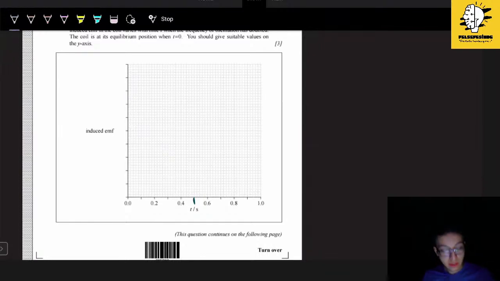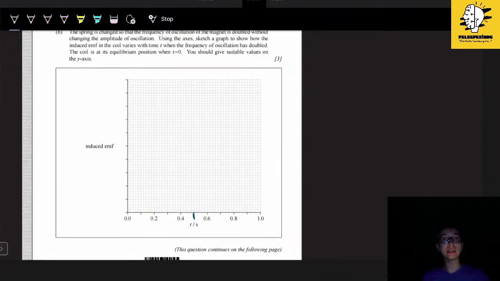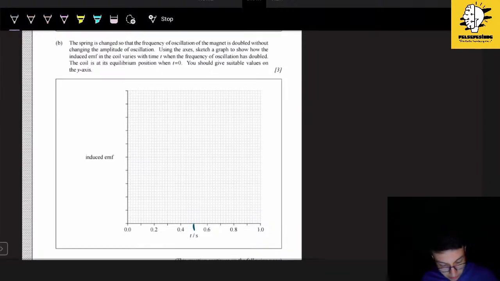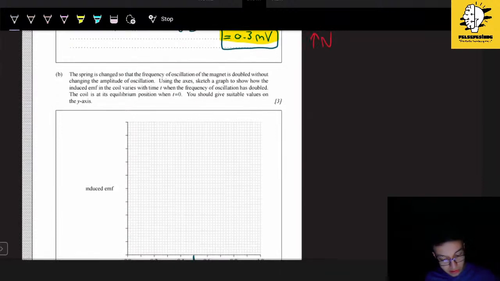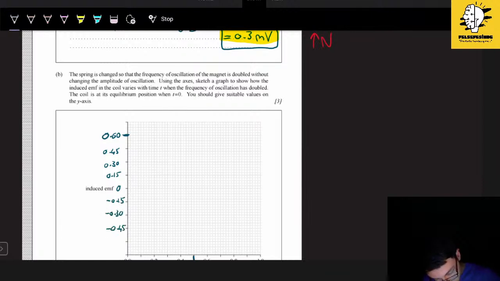Hence, if the frequency is doubled, it is directly proportional with the EMF, meaning that this time it will not be 0.30 millivolts. It will be 0.6 millivolts. Let me write it like this: 0.45, let's say 0.30, 0.15, 0, minus 0.15, minus 0.30, minus 0.45, and minus 0.60.